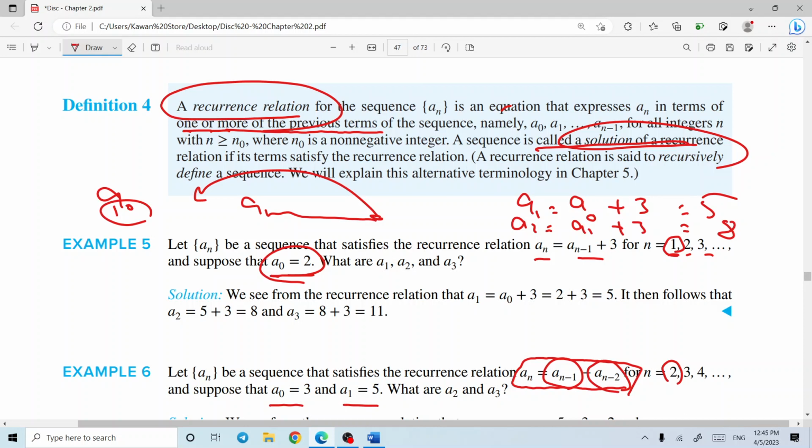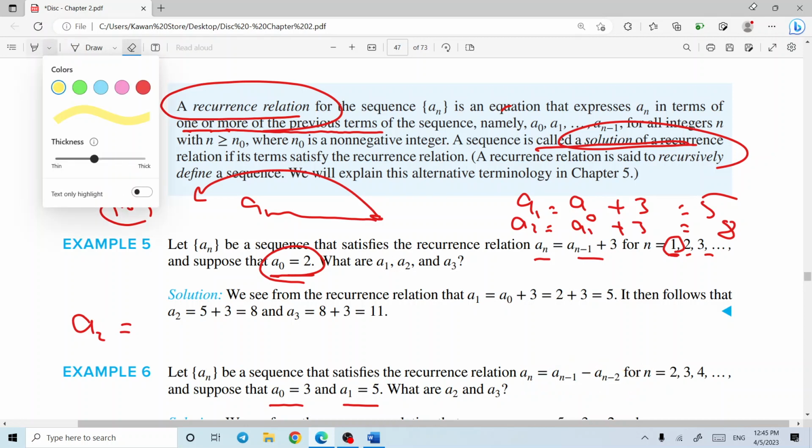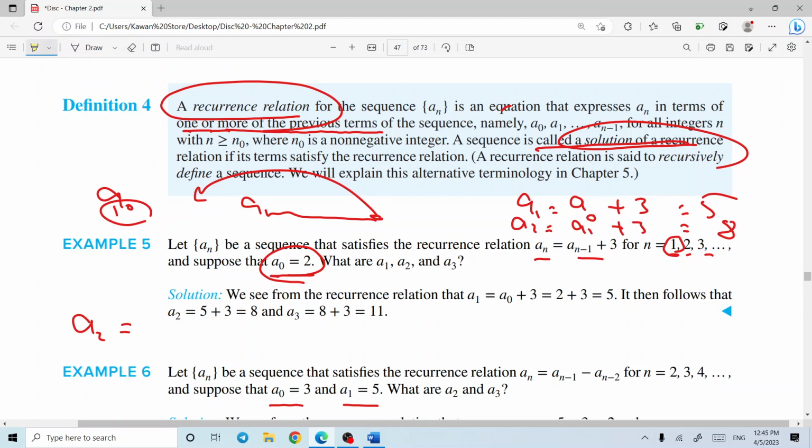Clear? Okay. So tell me about A2 in this example, example number 6. A2 equal to what? Depending on this equation, this given, I can write A2 equal to A1 minus A0. Am I right? Understanding? Good. So A0 is 3 and A1 is 5.